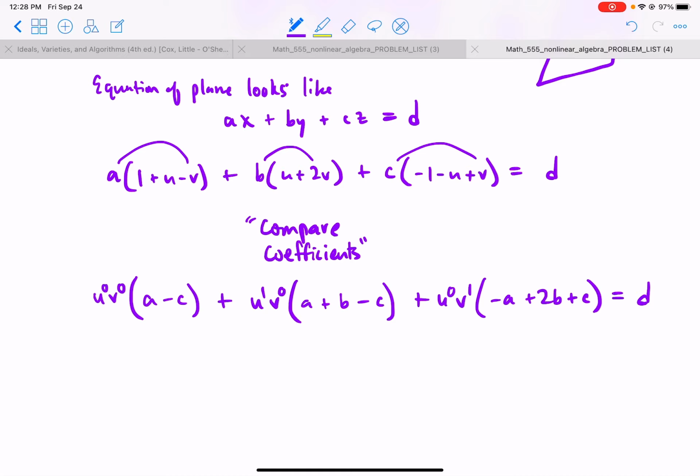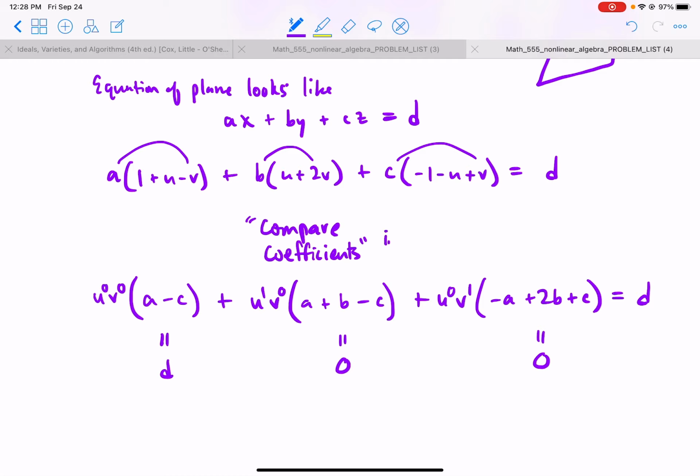So what this tells me, comparing coefficients, is that a minus c must be equal to d. A plus b minus c must be equal to 0 because there is no coefficient of u on the right-hand side. And likewise, this must be 0 because there is no coefficient of v on the right-hand side.